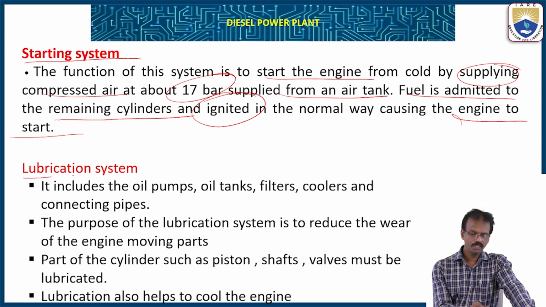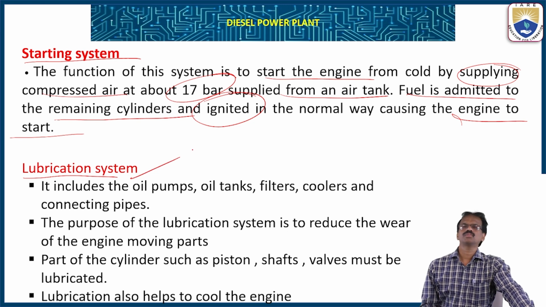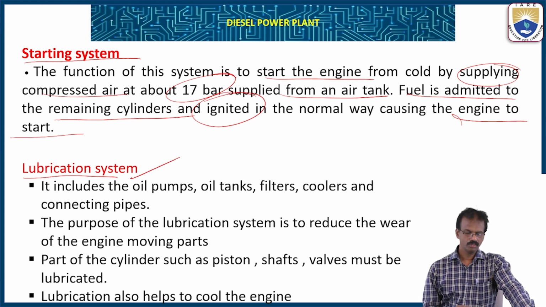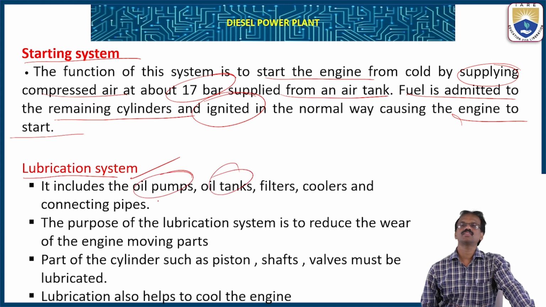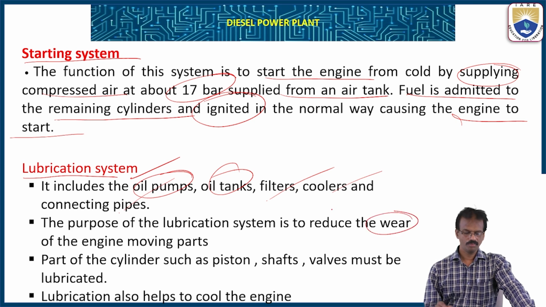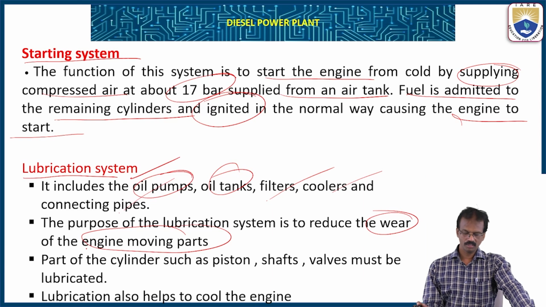Next one is the lubricating system. Lubricating is for the smooth functioning of engines, and it includes the oil pumps, oil tanks, filters, coolers, and the connecting pipes. The main purpose of the lubricating system is to reduce the wear of engine moving parts, like the piston and the cylinder surfaces.